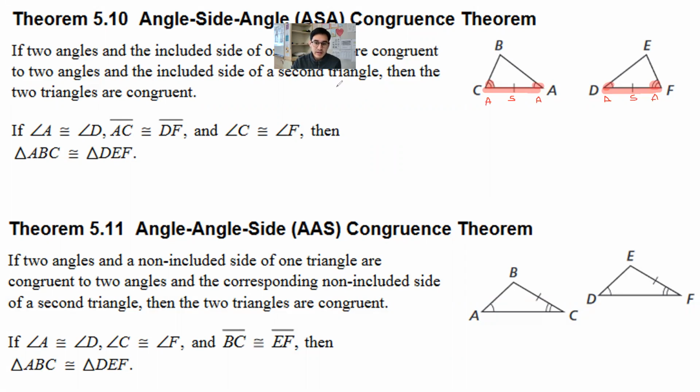The other method, the angle-angle-side method, is a little different. Let's do a different color here. Here we have an angle, another angle, and then a side. Angle, angle, side.